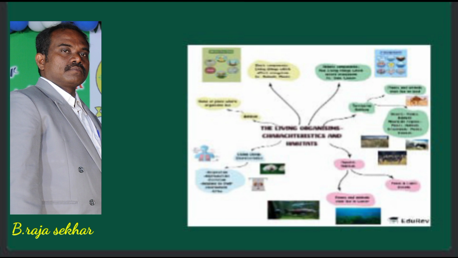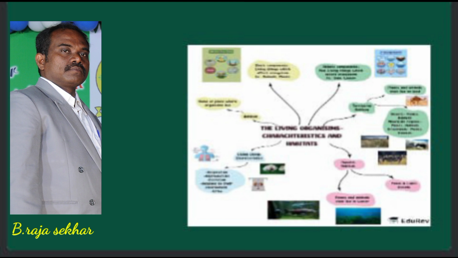There are different types of habitats. Terrestrial habitat: plants and animals that live on land. Desert habitat: plants and animals that live in desert regions.